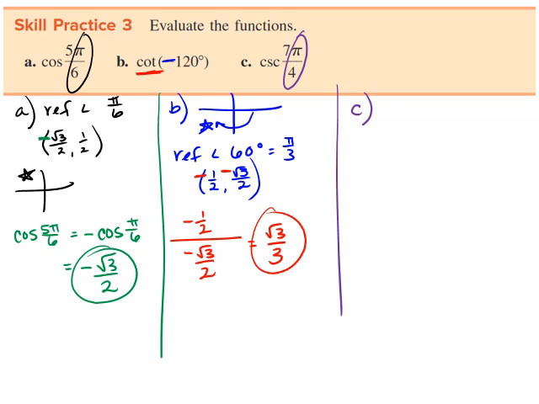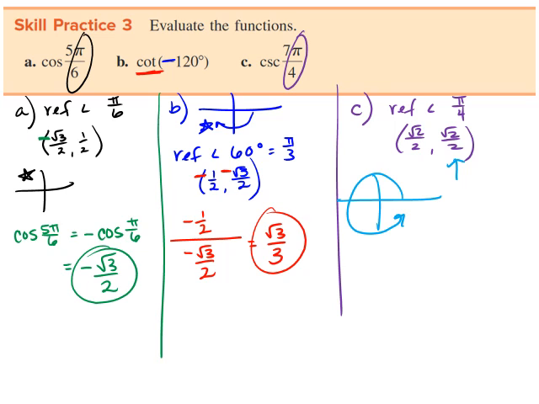Part C has a reference angle of pi over 4 because it's a multiple of pi over 4. This corresponding ordered pair is root 2 over 2, root 2 over 2. Cosecant is the reciprocal of sine. And the quadrant, let's see, this is not quite 8 pi over 4. 8 pi over 4 is equivalent to 2 pi, which is one full revolution.